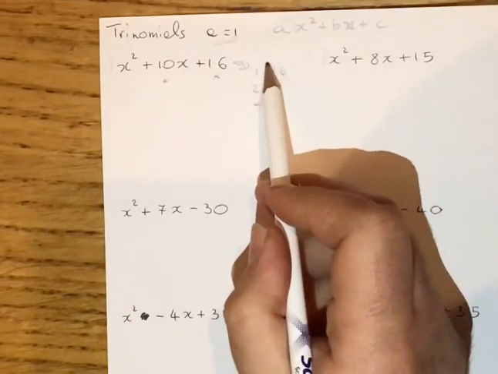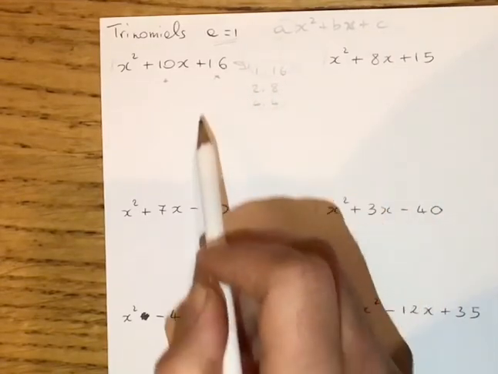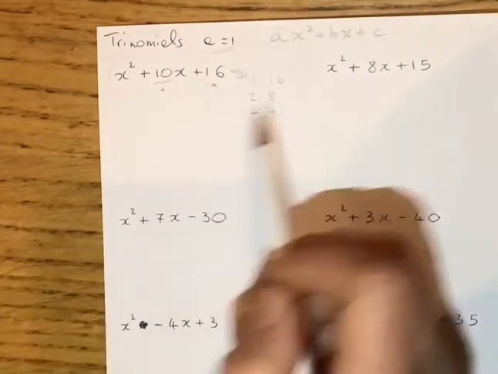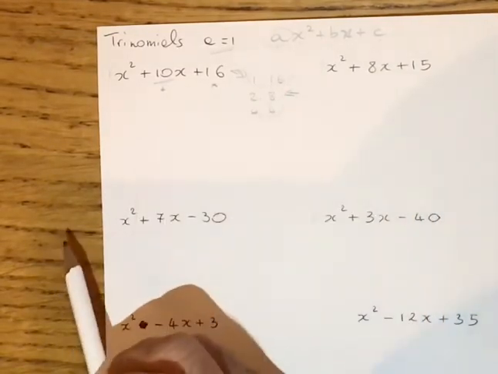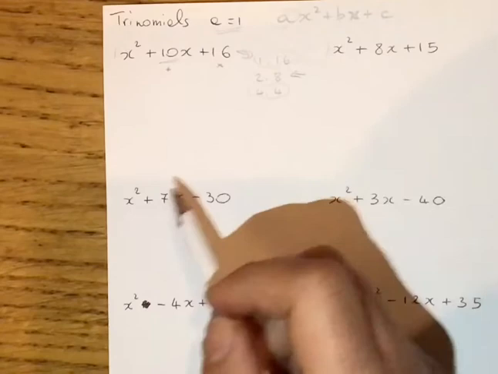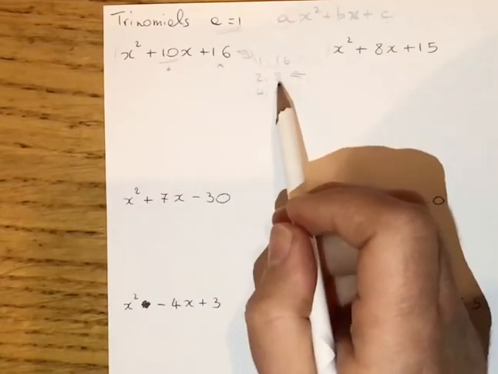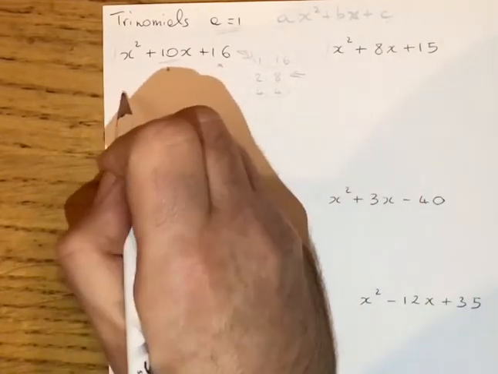Which combination of numbers can make 10? This is the only one, because this one will never make 10 and this one will never make 10 either, even if we switch signs. It doesn't matter which one you use first.